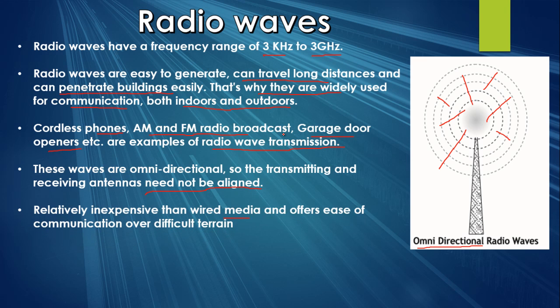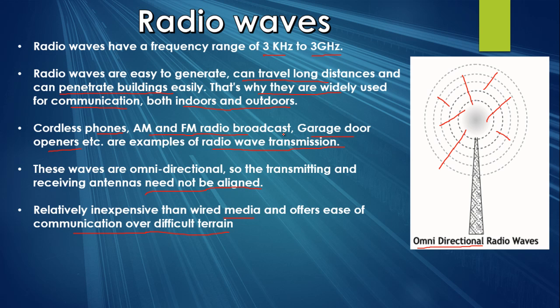Relatively inexpensive wide media that offer ease of communication over difficult terrain. Obviously, suppose I give you an example that a person wants to set up a network in a hilly area, right? Suppose a company wants to set up its 4 offices, and these offices are situated on different hills.